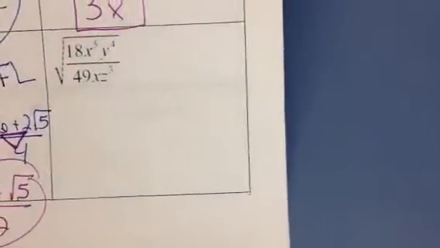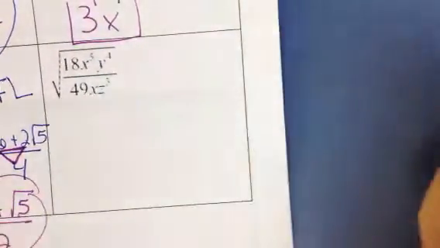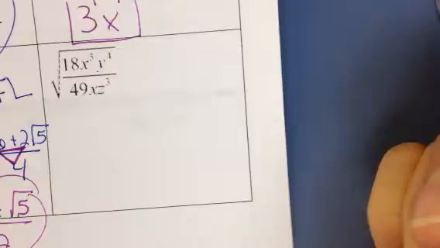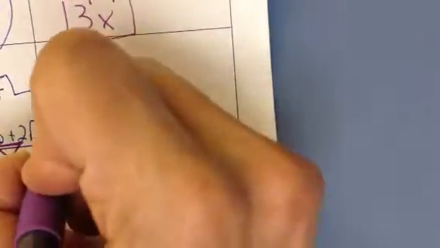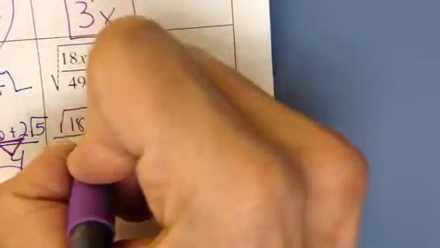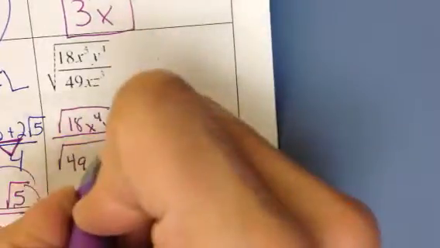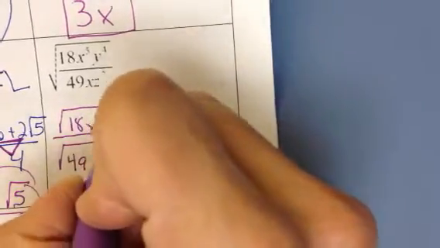All right, in this problem, the first step I'm going to do, and I wrote this on a lot of your content checks, or if you talked to me about it, I wrote it down on your content check, is I'm just going to try to simplify. So right now, 18 and 49, I can't simplify, but I am going to separate them out into 2 radicals. The next thing I'm going to do is simplify the x's, so I'm going to have 4 x's on top, and I'll end up having 4 z's on top and 3 z's in the bottom.